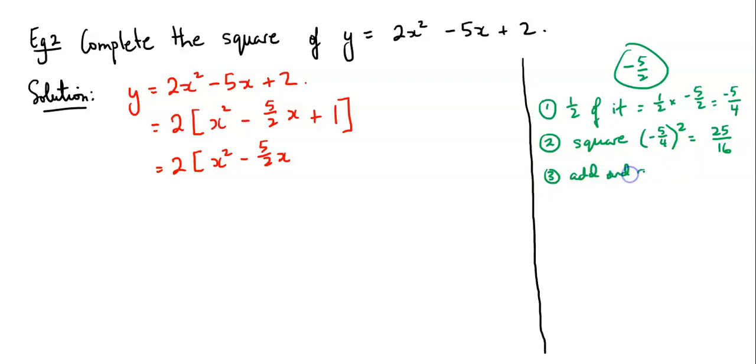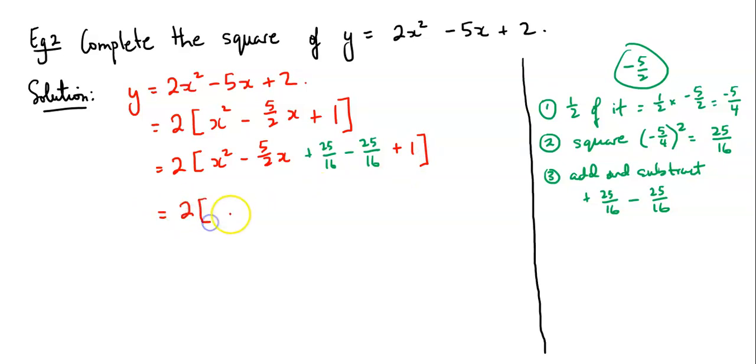So we add plus 25 over 16 minus 25 over 16 across here, plus 1, close square brackets.